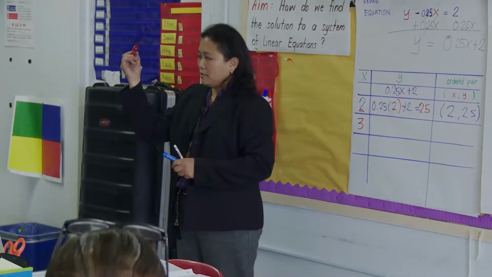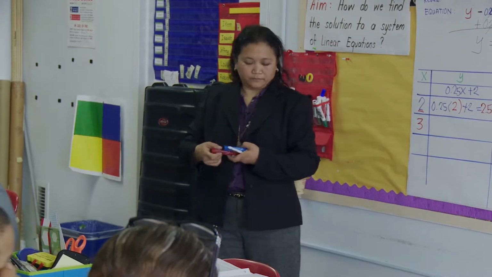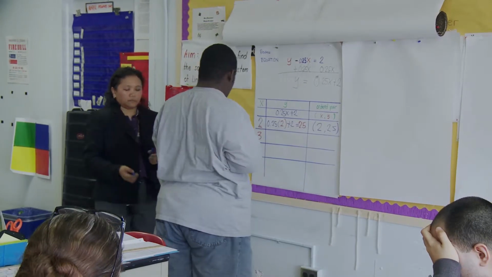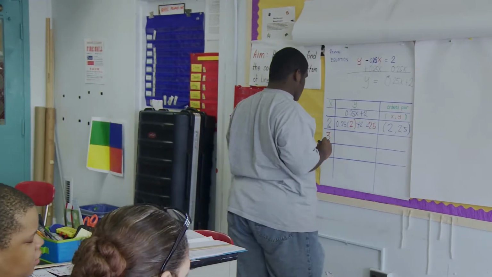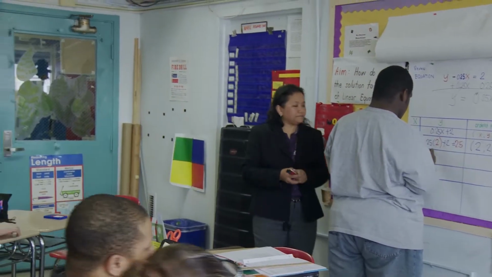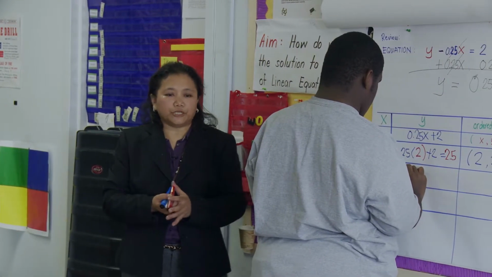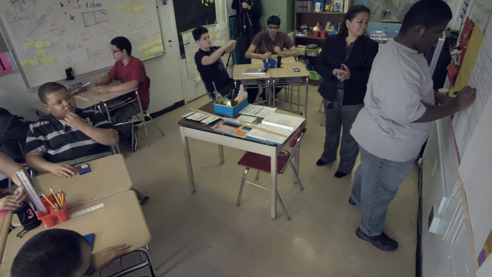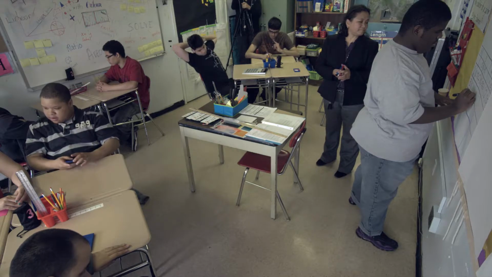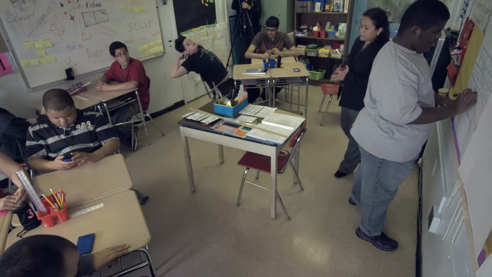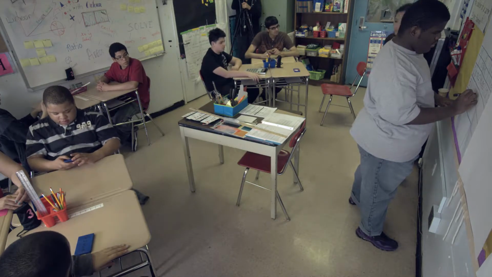Maurice, come. So what do you think Maurice is writing? What's the first one? 0.25 times 3, and then you add 2.